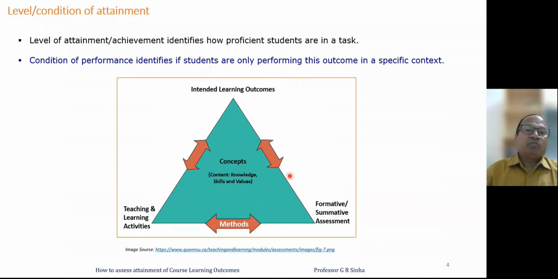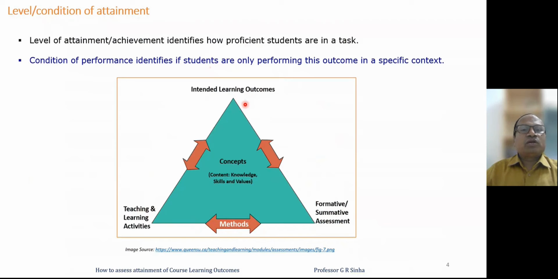Formative is always good because at every interval, either 1 week or 2 weeks, you assess and evaluate the students' performance regularly using certain tools and quizzes. So these are the methods, and of course, teaching learning activities and pedagogies. They all contribute in order to achieve and attain intended learning outcomes.